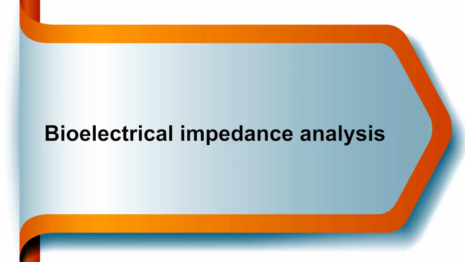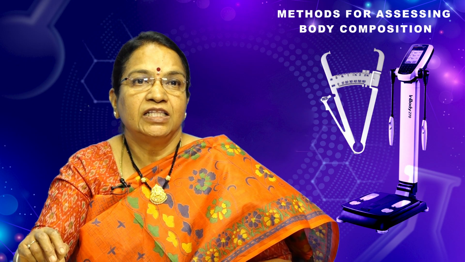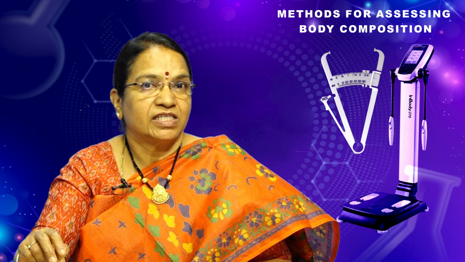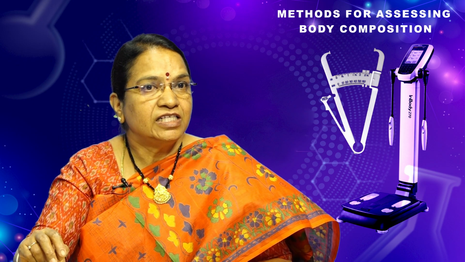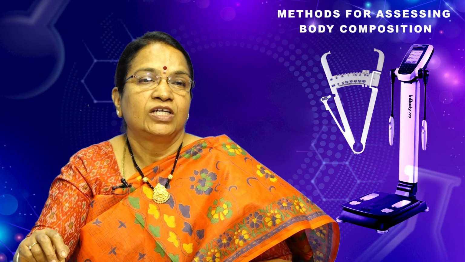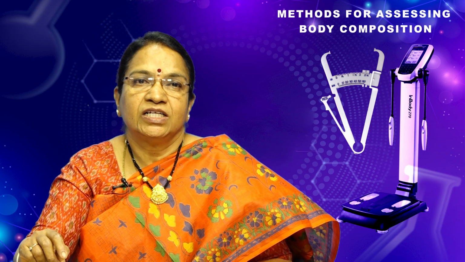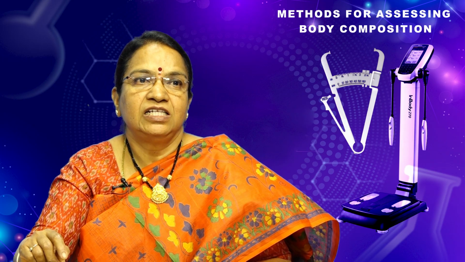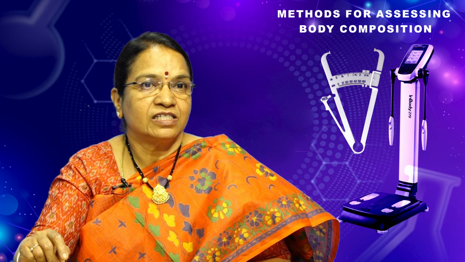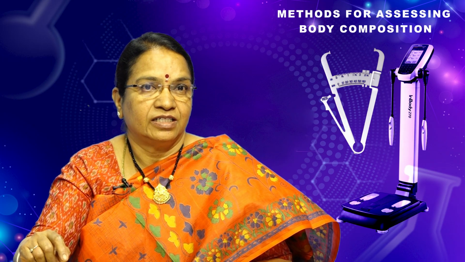Then we have bioelectrical impedance, which is another method to estimate body water. Bioelectrical impedance analysis uses the resistance to electrical flow throughout the body. It is highly sensitive to hydration status and water intake.